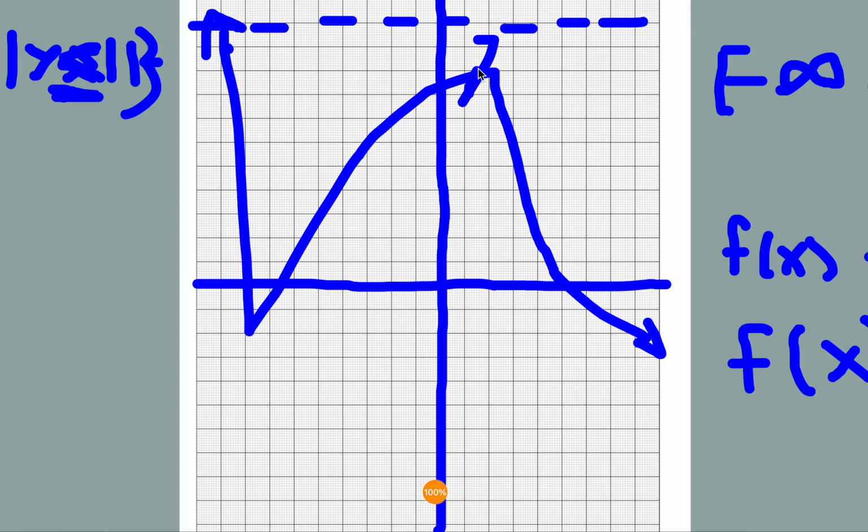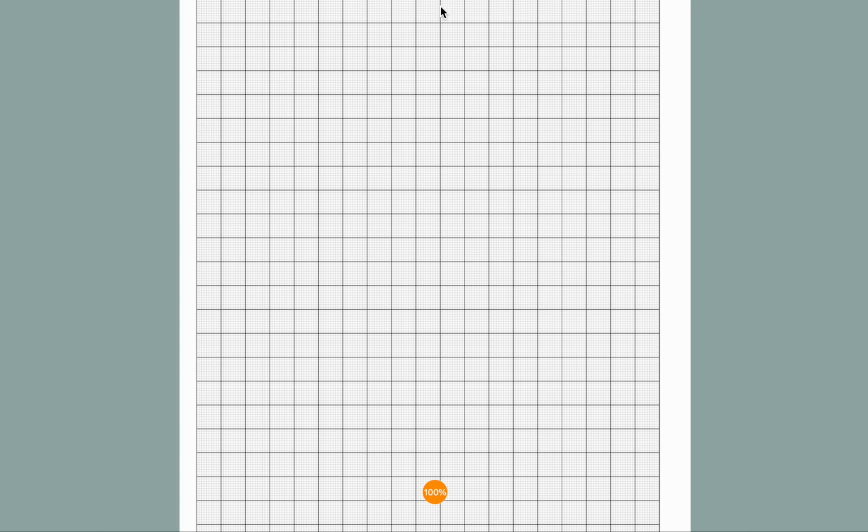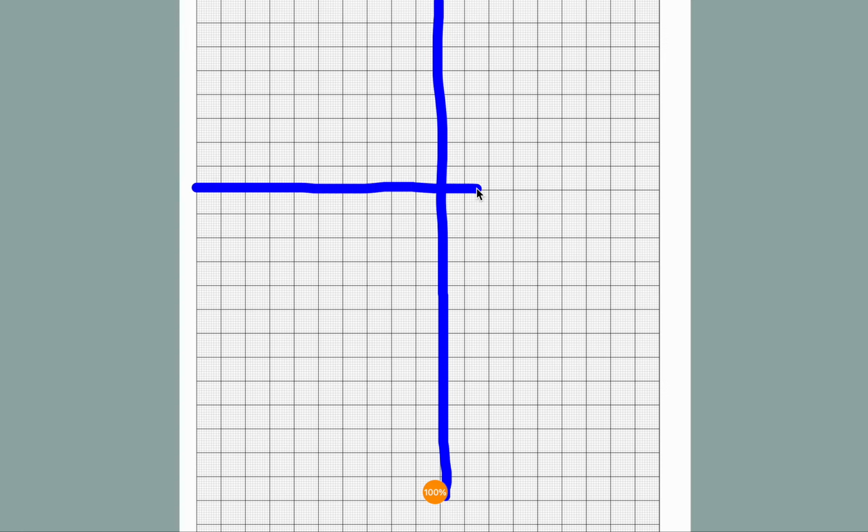To find the domain and range of a function is to look at its graph and see how far the x values can go. Where are the possible x values to y values? Let's make a new graph. So we have this coordinate grid.